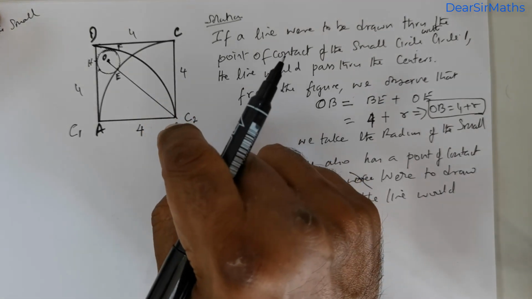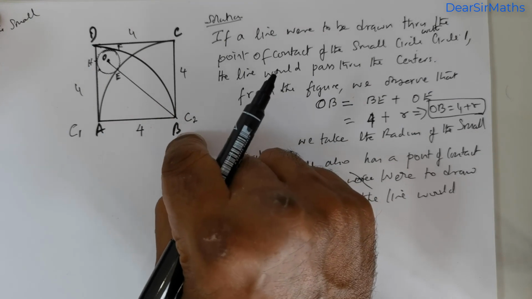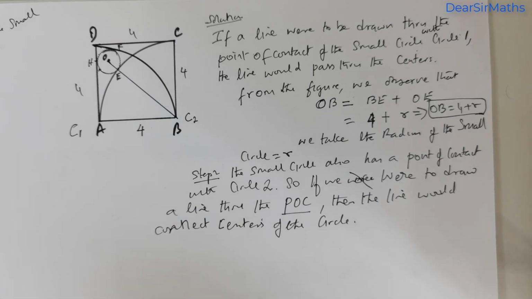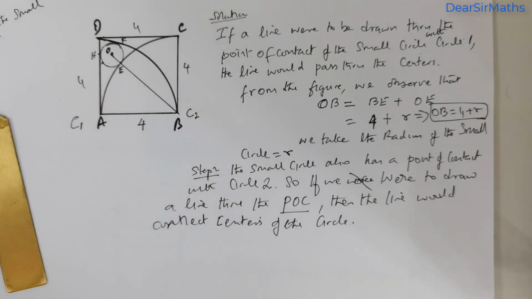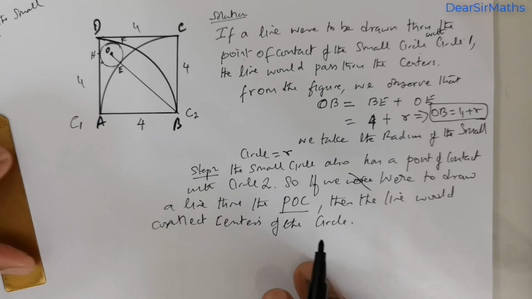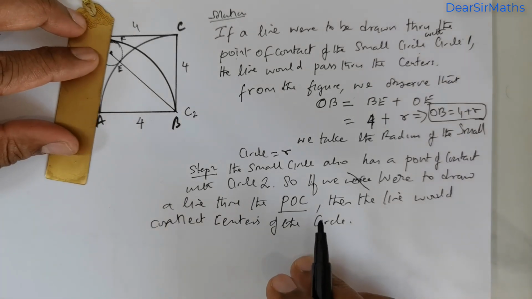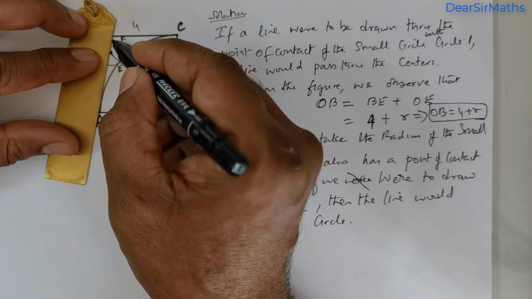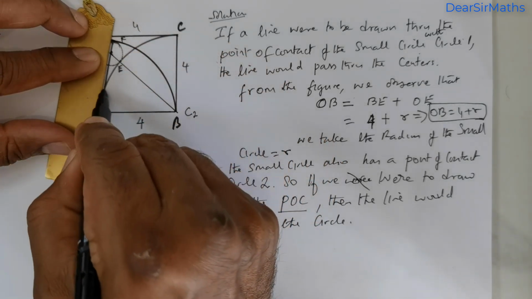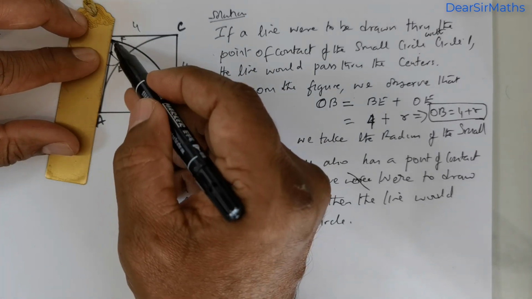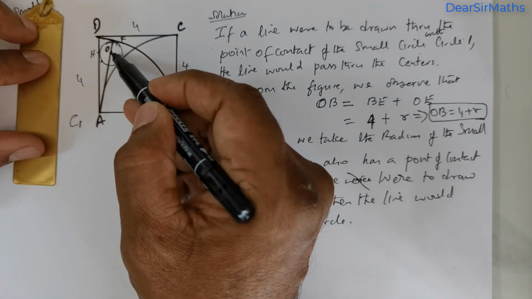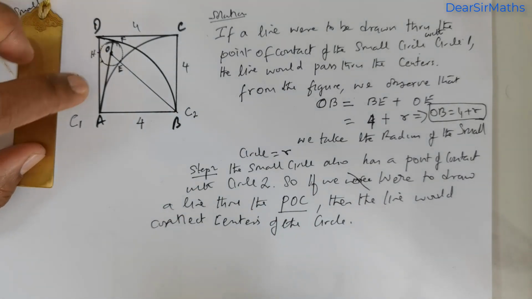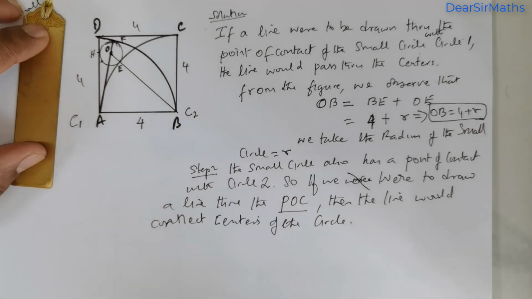so what I wish to do is, my C2 center is over here. So if I were to draw a line through the point of contact, then that line will connect the centers of the small circle as well as the center of this C2, right?